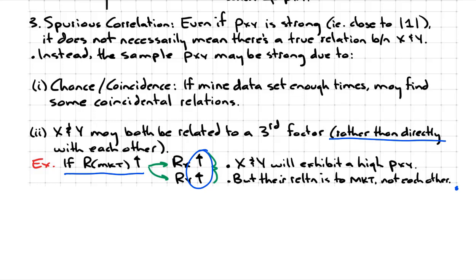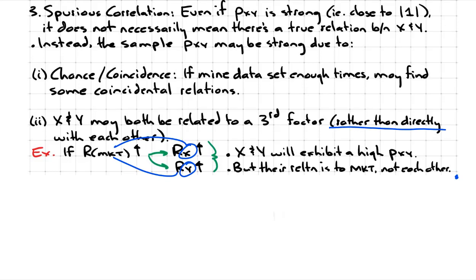But does that mean X and Y are related to each other? Or is it because they're both linked to the market? So it would be faulty to say there's a strong correlation between X and Y, because the true correlation is between each individual stock and the market.